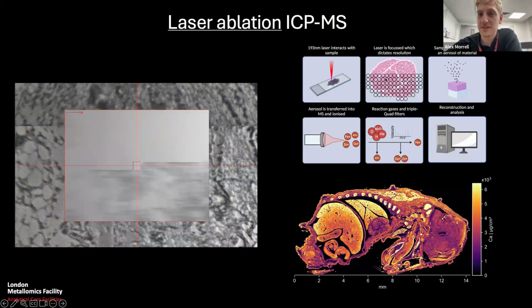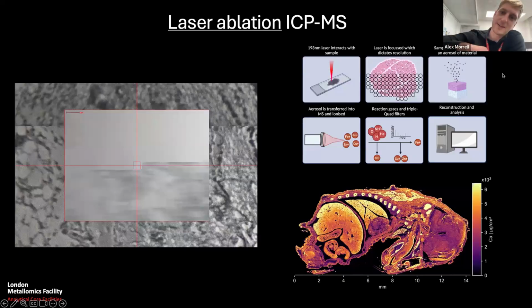It's very similar to a confocal microscope setup, but instead of shining different wavelengths of light at the sample, you're firing a destructive laser pulse, which interacts with the sample below and causes an ablation event. You can imagine, I know it's quite small, but you have a picture here on the top right where particles are being shot off the sample.